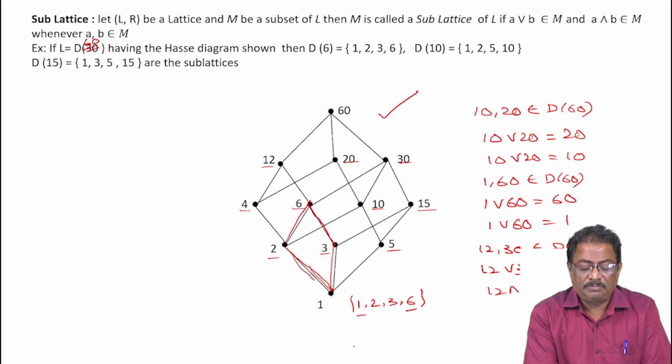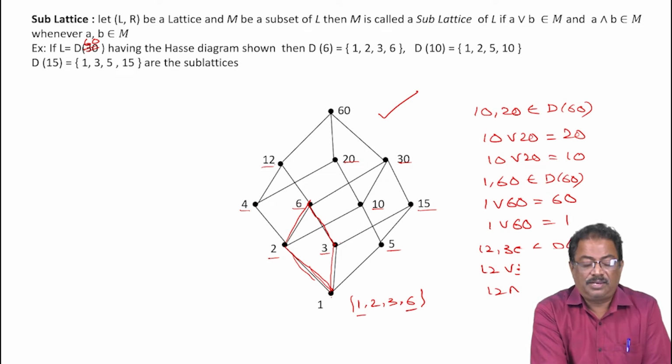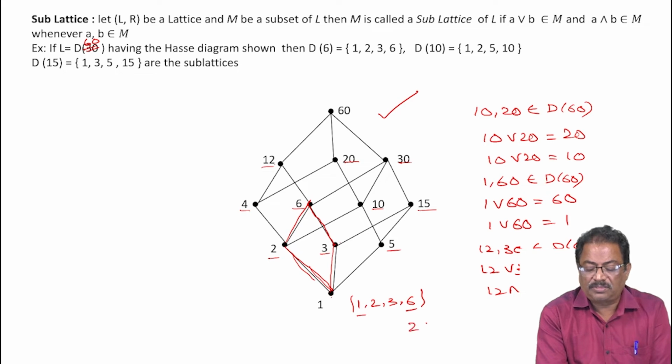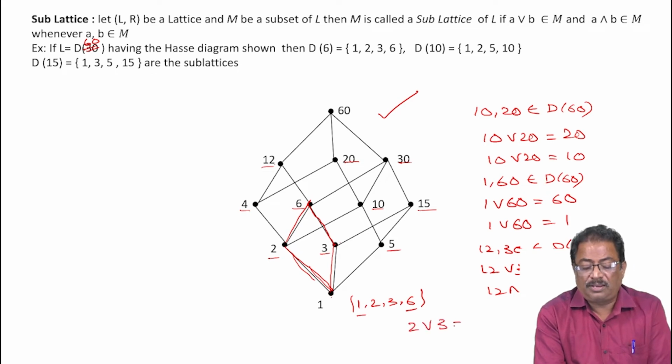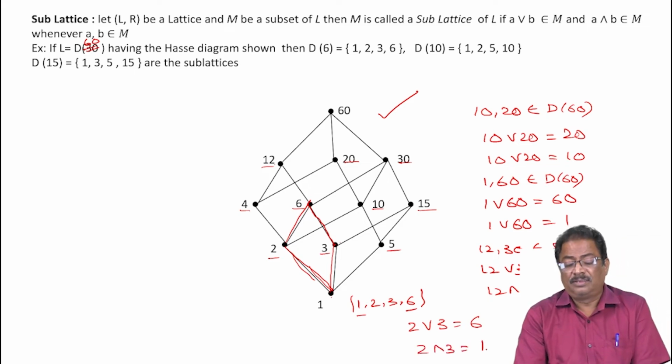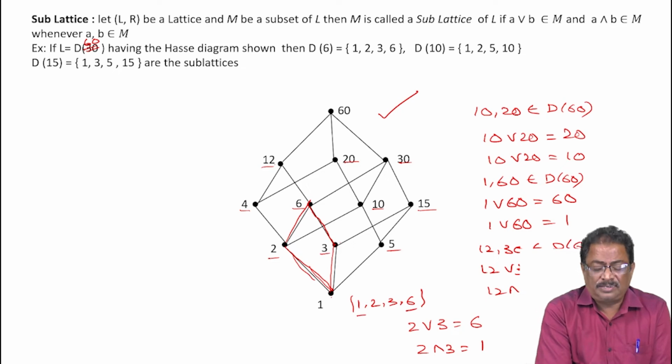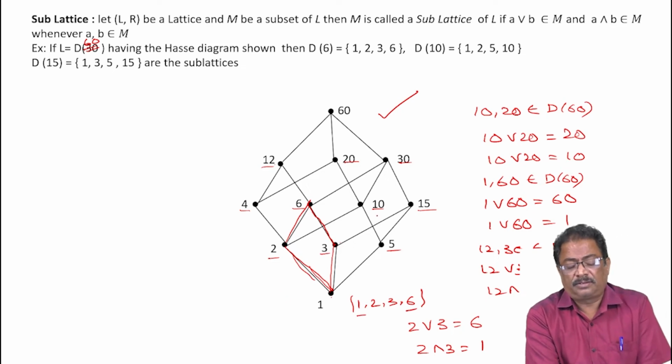And if I am considering 2, 3, the least upper bound is 6 and the greatest lower bound is 1.